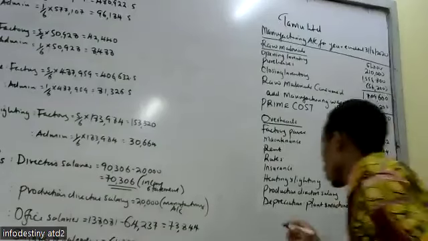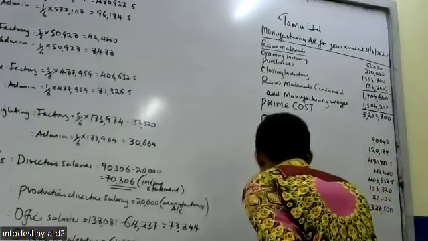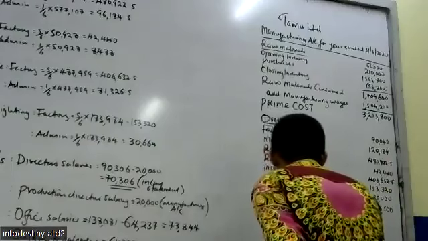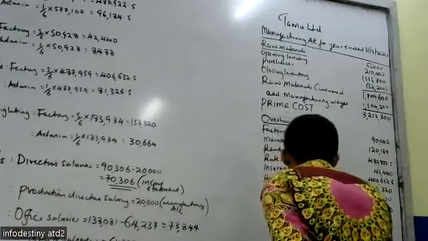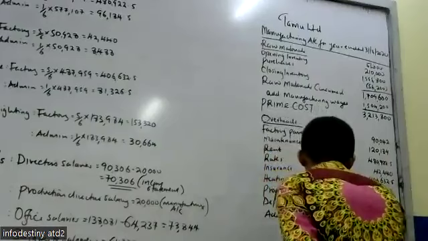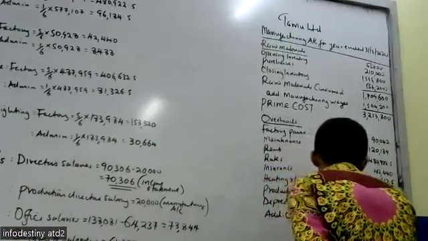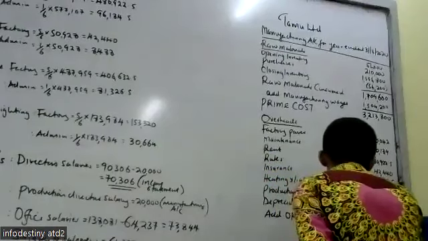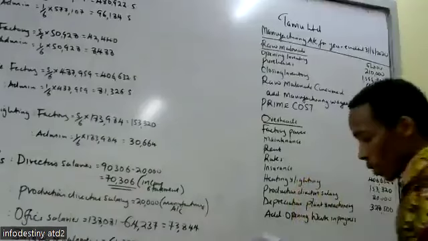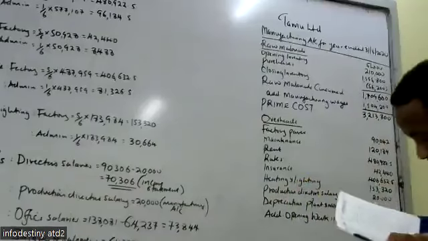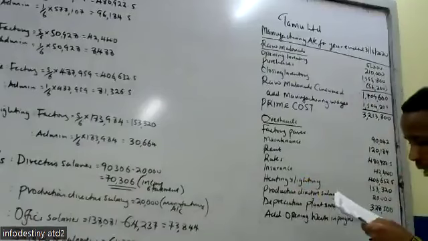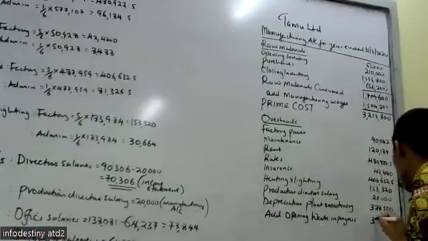So from there, we first add the opening inventory of work in progress, which is given up there as 378,000.